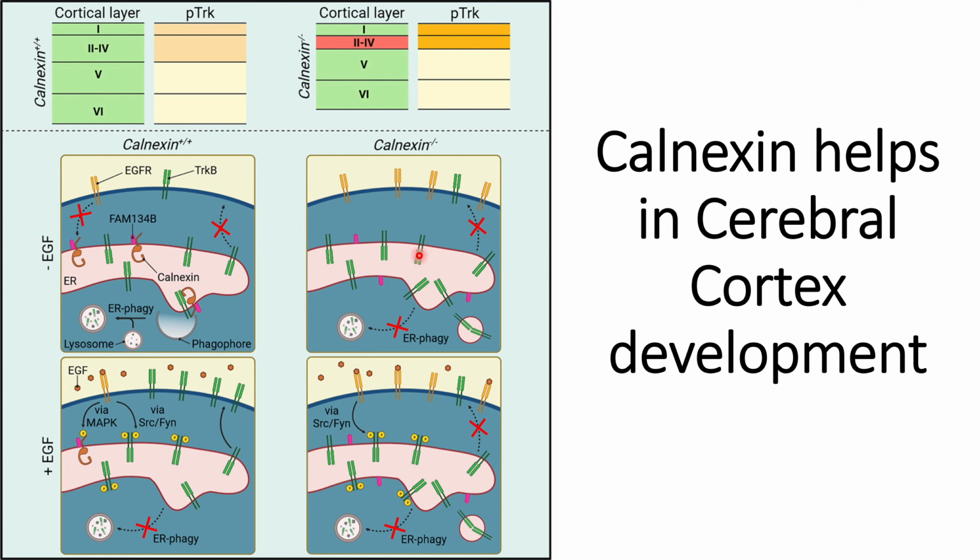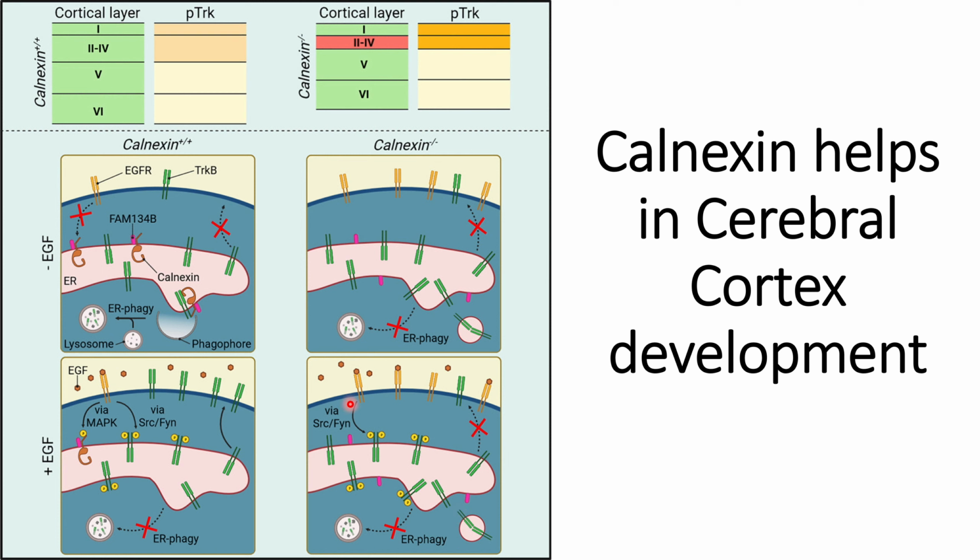So this will lead to increased TrkB within the endoplasmic reticulum, or the intracellular parts of the cells, thereby causing problems in the cerebral cortex development. It will also affect other functions because of the overcrowding in the endoplasmic reticulum, which causes more unfolded protein formation that is not taken care of, as the chaperone, Calnexin, is not present within the endoplasmic reticulum.